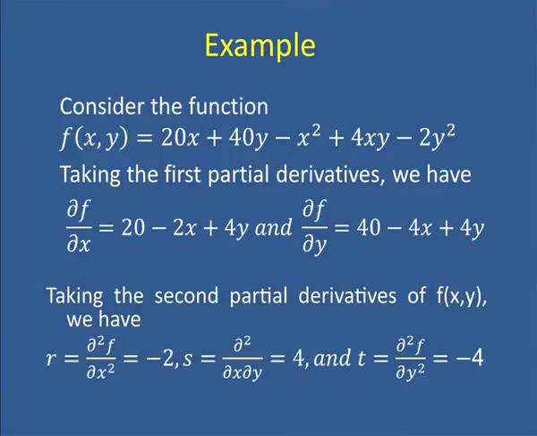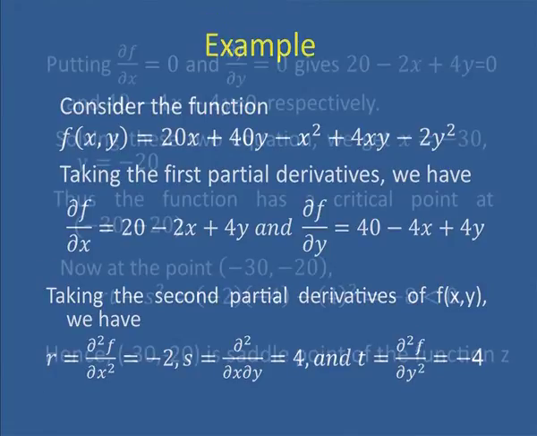Taking the second order partial derivatives of f x y, we have del 2 f over del x square, that is equal to r, which is equal to minus 2, and del 2 f over del x del y equal to s, that is equal to 4, and del 2 f over del y square equal to t, that is equal to minus 4.